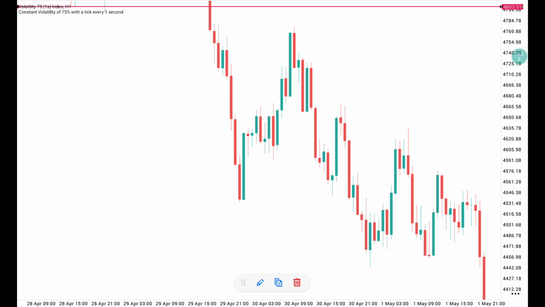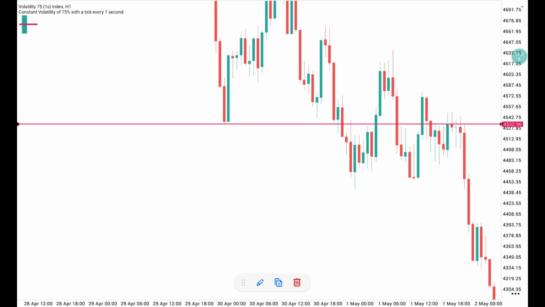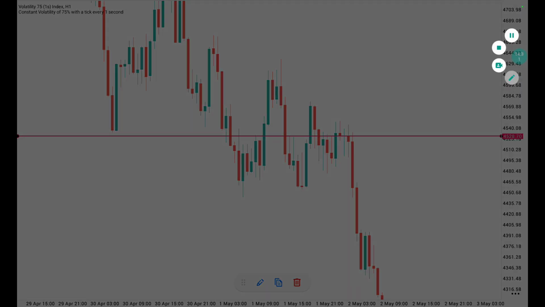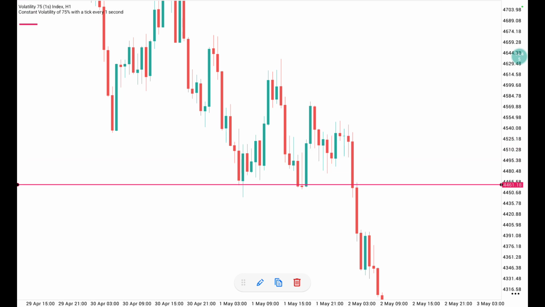Then I go down. Here, where do we have a valid break of structure? Here. So we have a valid break of structure, not on the bullish candle, but on that red candle. This one. So now we establish a new low.